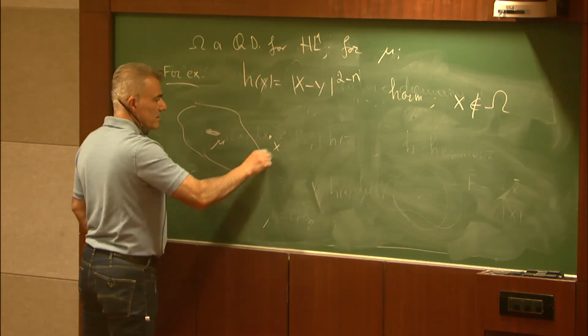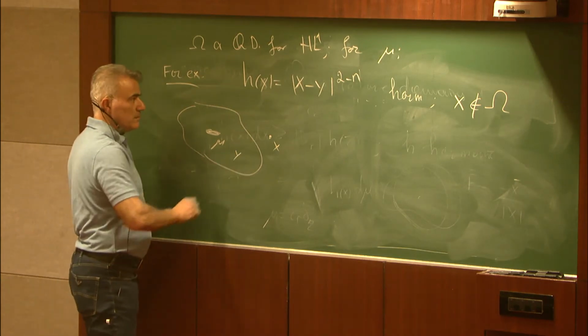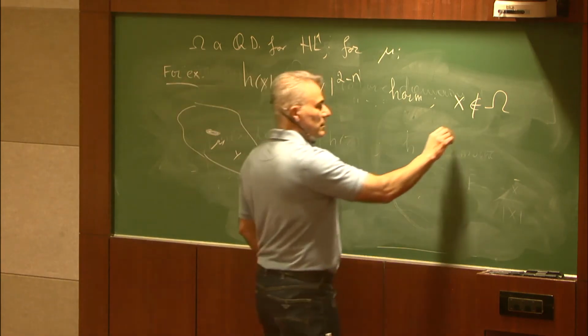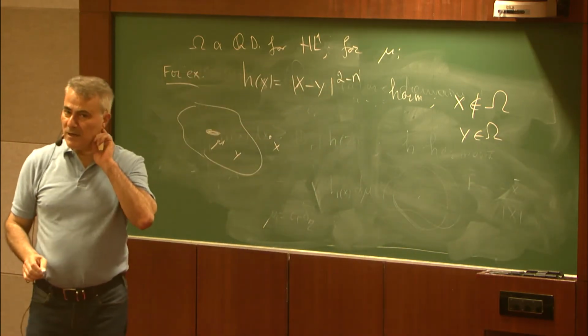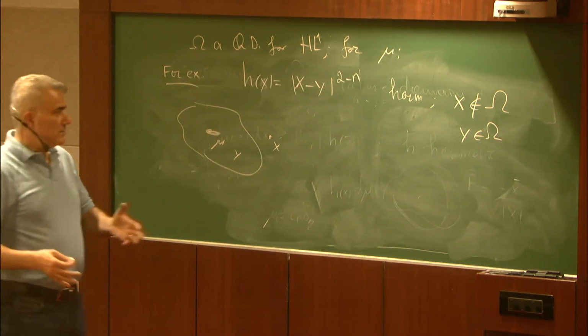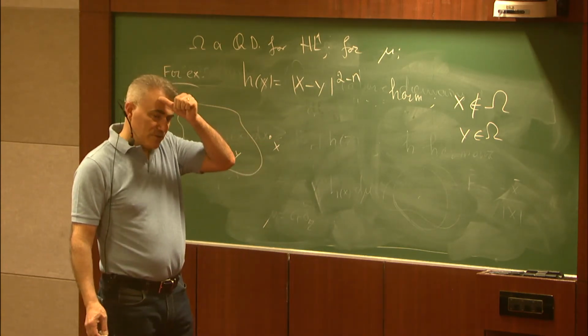When x is here, this function is of course harmonic because y is here. So when y is in omega and x is not in omega, they never meet, and this function is harmonic. Agreed? It's a harmonic function.